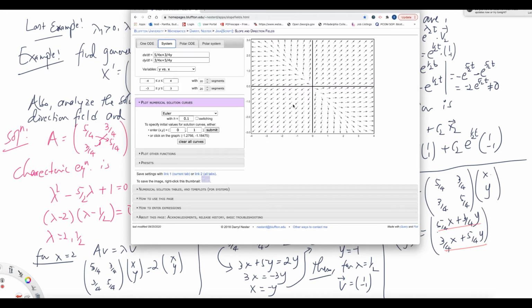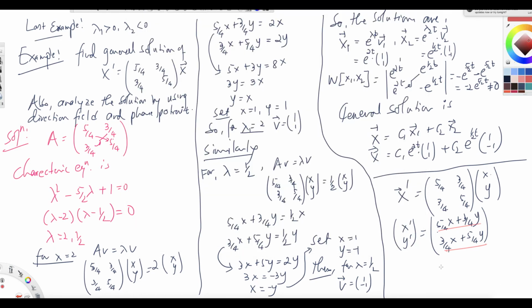All the direction lines are going away from every direction, wherever you start, they are going away from the origin. So all the solution curves are going away.